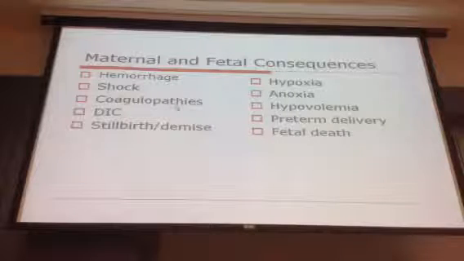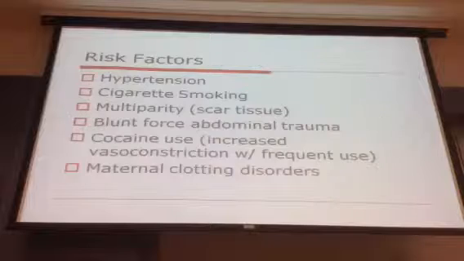They may have already been at risk for those problems because they had a clotting disorder or a history of it. The fetus is going to experience hypoxia for sure. They may experience anoxia. If they are sending blood back to the placenta that's then just bleeding out, increasing the size of this hematoma, there may be some hypovolemia going on with the fetus. And again, they need to be delivered regardless of how far along they are in gestation. So this is not typically a good picture at all.